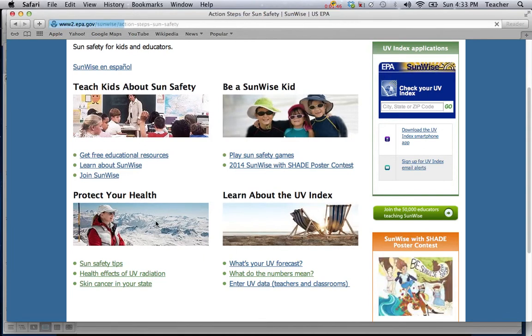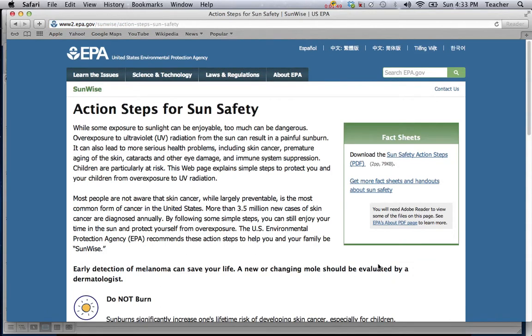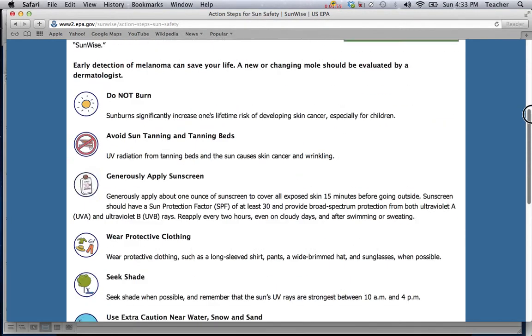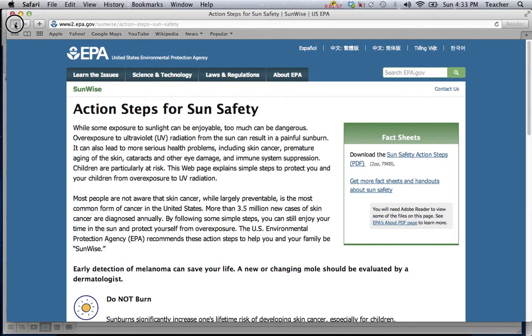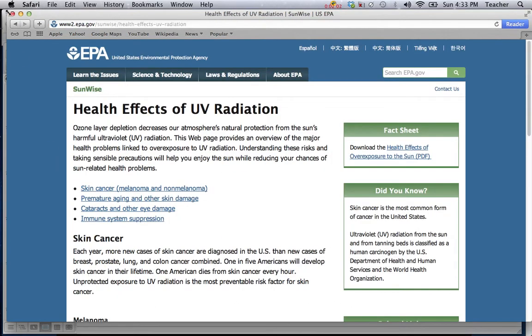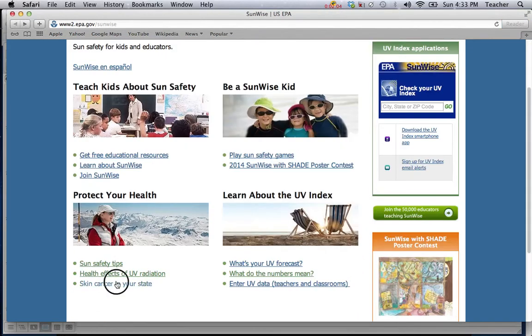So if we go to the Protect Your Health section, you can read through some of the steps that you need, and it talks about some special considerations for children. It also goes into the health effects here and the skin cancer in your state.